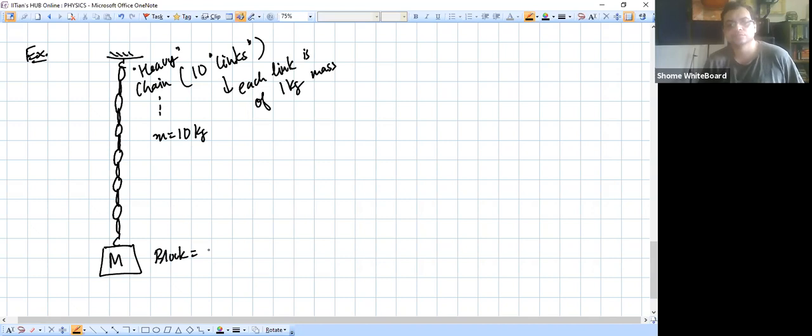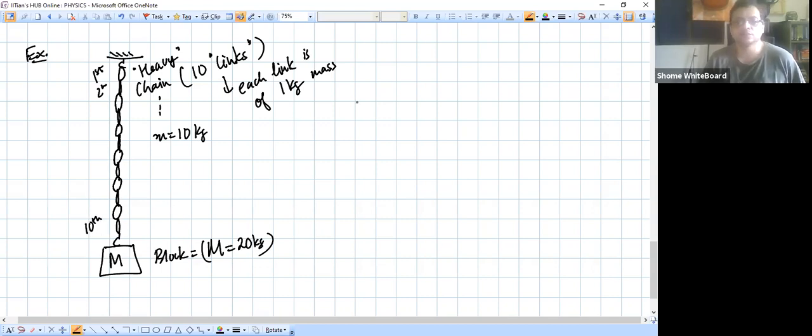And we have attached a block of mass, let us say, 20 kg. Hope you're understanding what we mean by links. We will call this one the first link, second link, and like this. I seem to have drawn too many links, but doesn't matter. This one is the last, the 10th link.